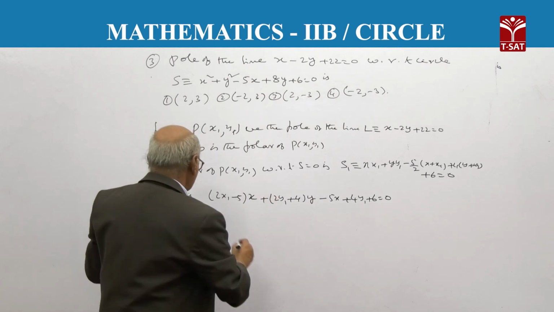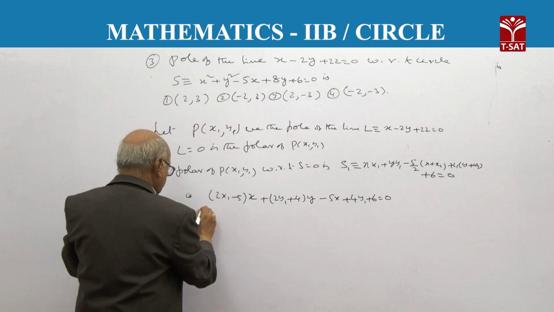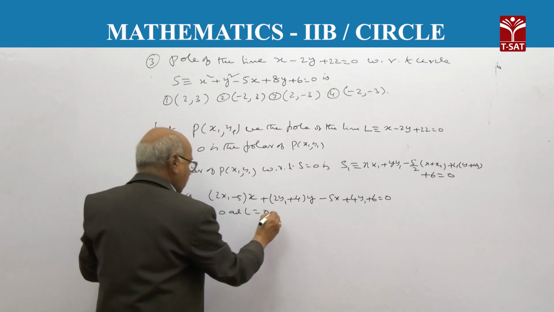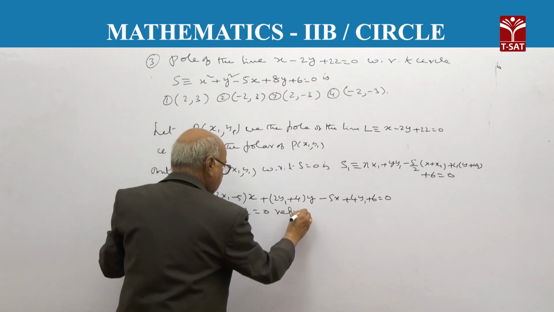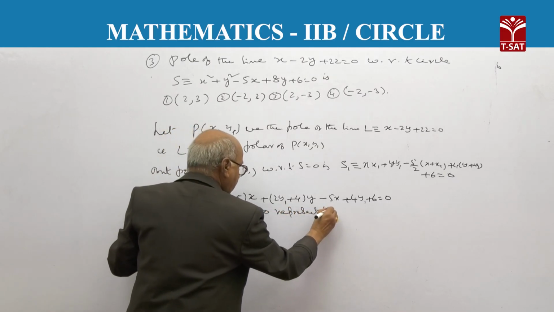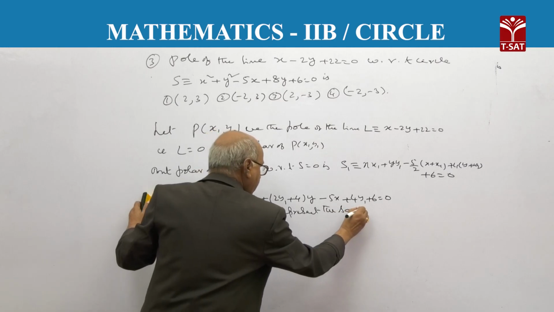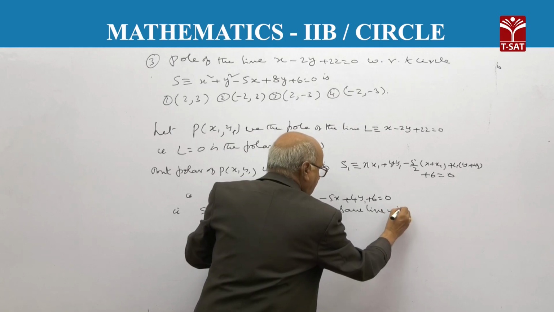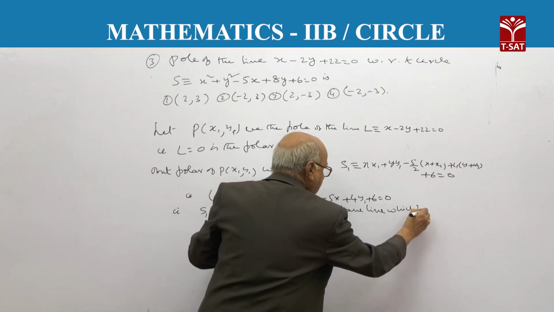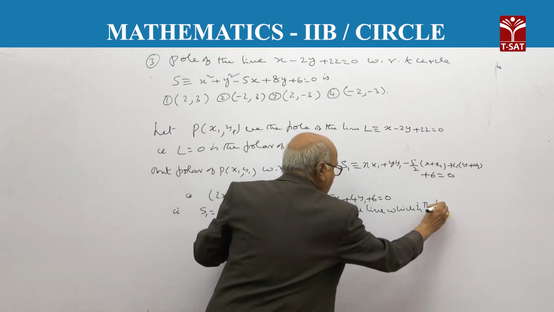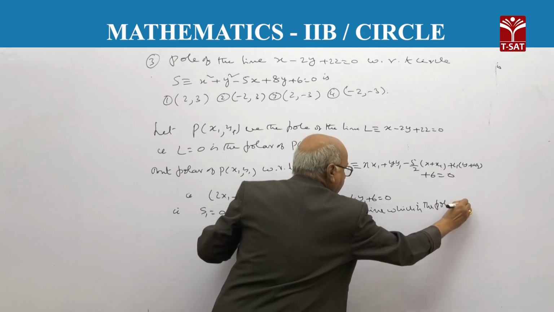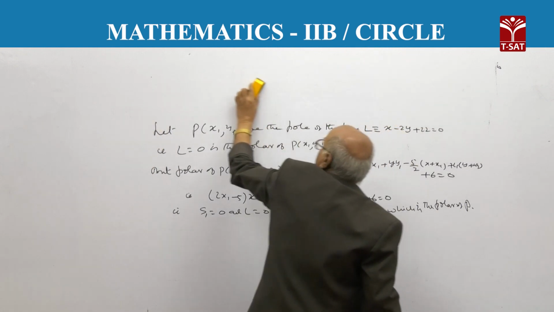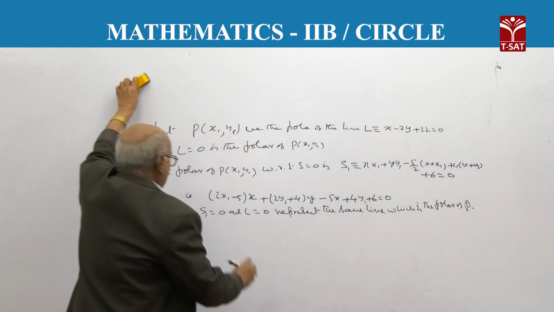On simplification, S1 equal to 0 and L equal to 0 represent the same line which is the polar of P. Therefore, the corresponding coefficients are proportional.